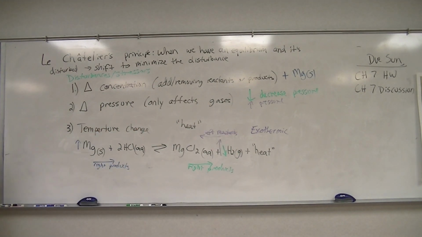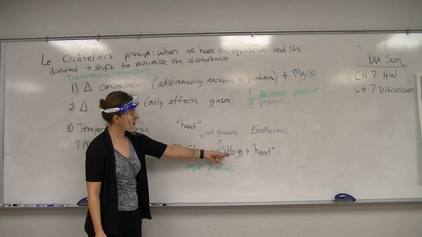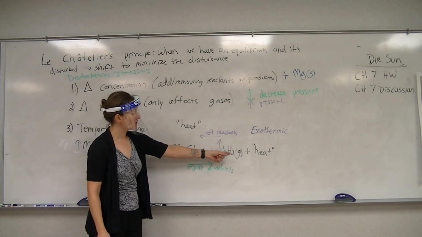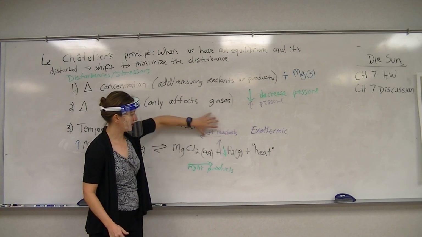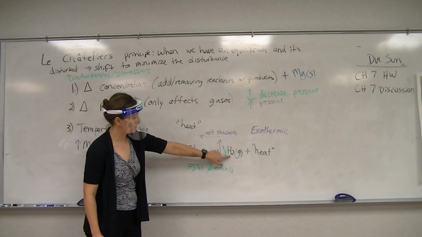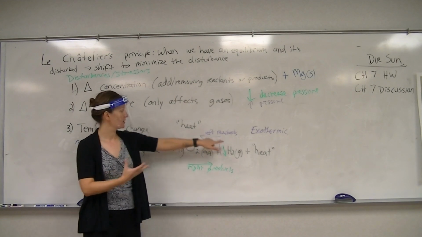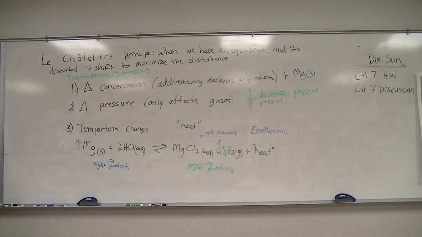But it's only in the products. What do you mean it's only in the products? We affected one of the products, yes. We increased the concentration of one of the products. So since we added extra of it, looking at this left one, right? If we increase the pressure, we increased the amount of H2. So they want to get rid of that amount we increased. But you add magnesium over here in the equals.